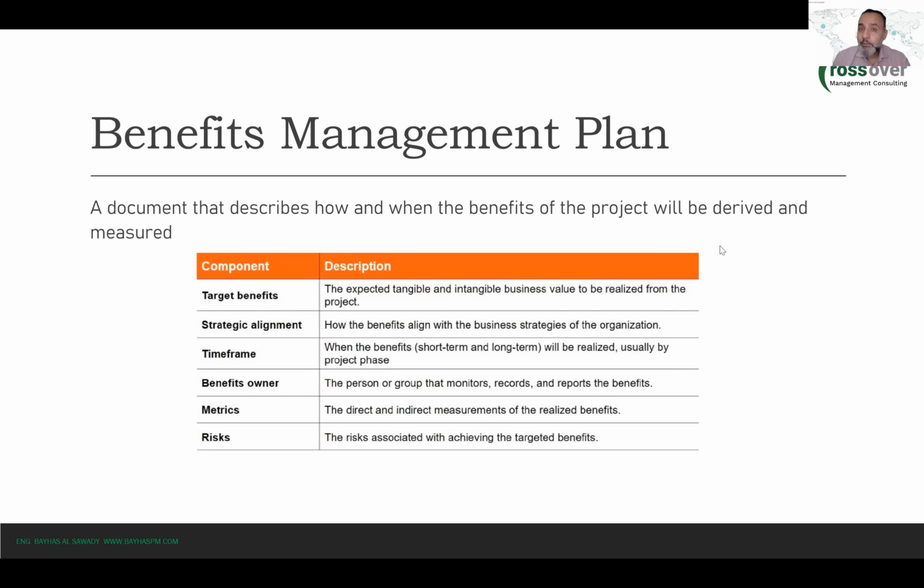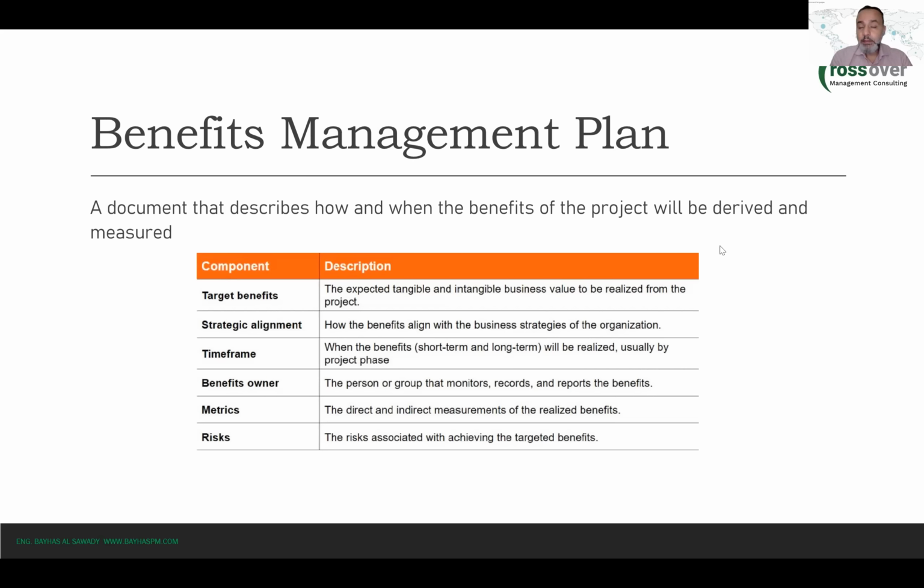And last but not least, you might also want to include in the benefits management plan risks that might threaten the realization of those benefits. So you also want to make sure that those risks are identified and we have a plan to mitigate them, right? So those are the outlines of the benefits management plan that you might want to include.